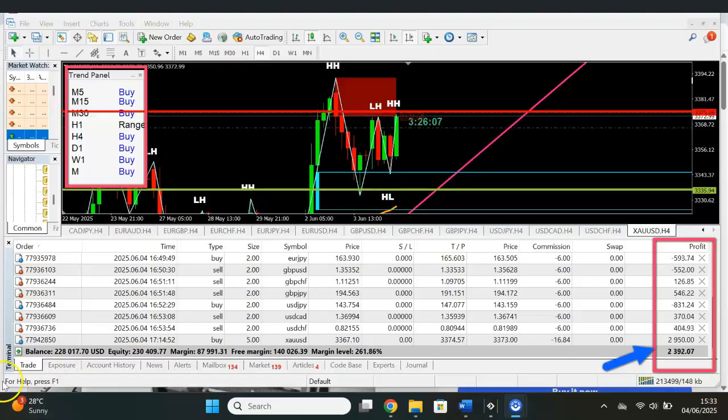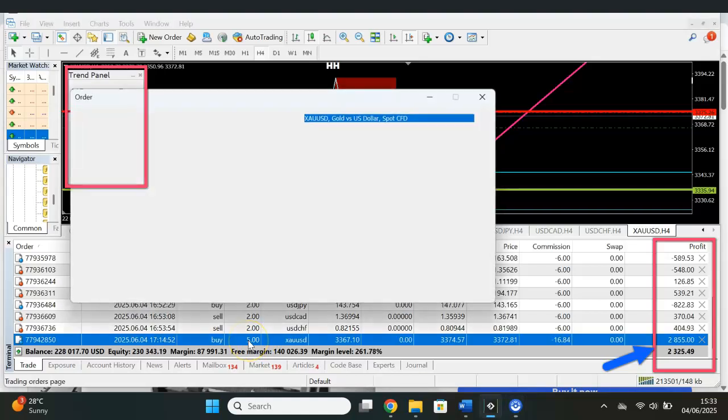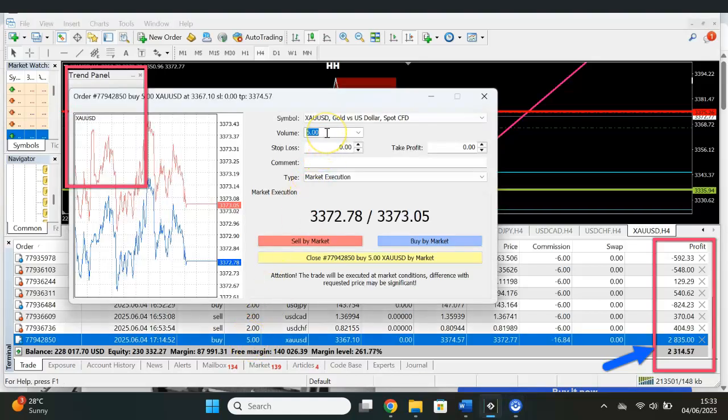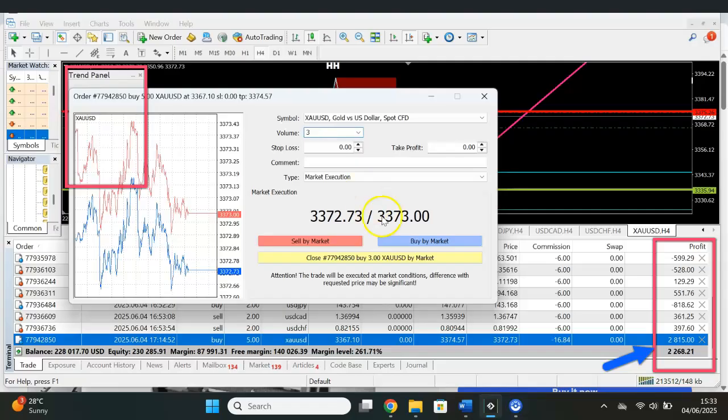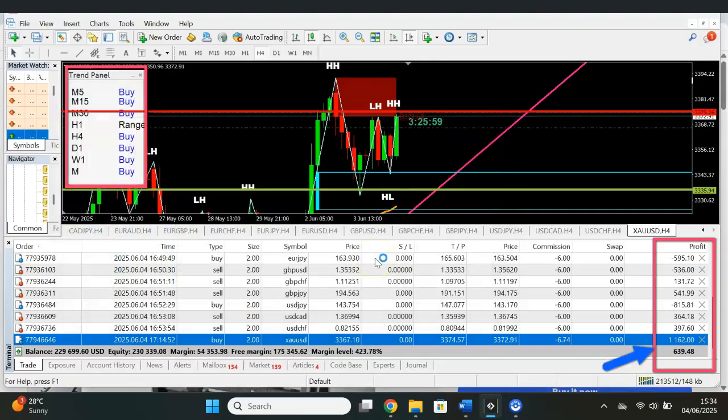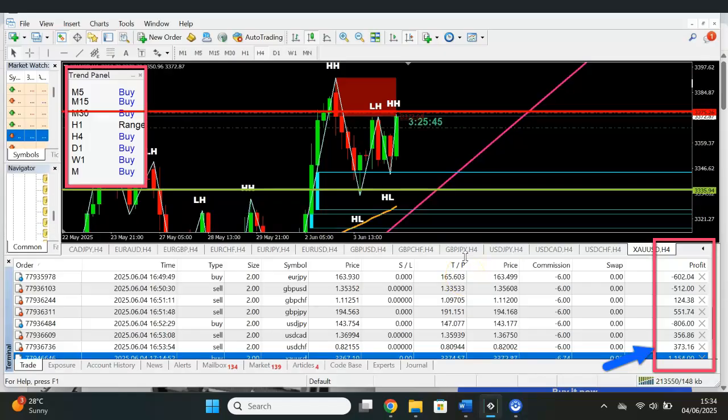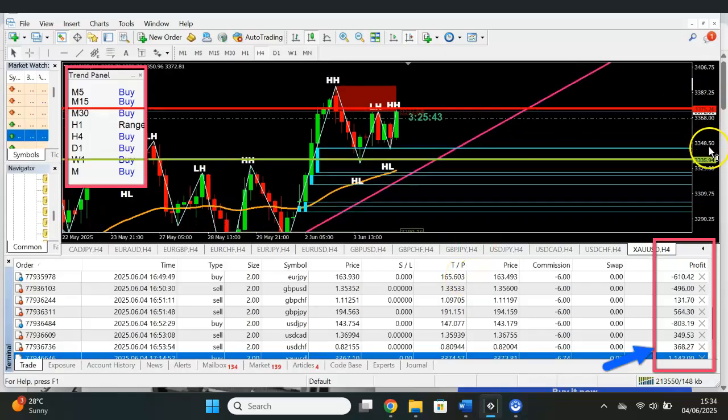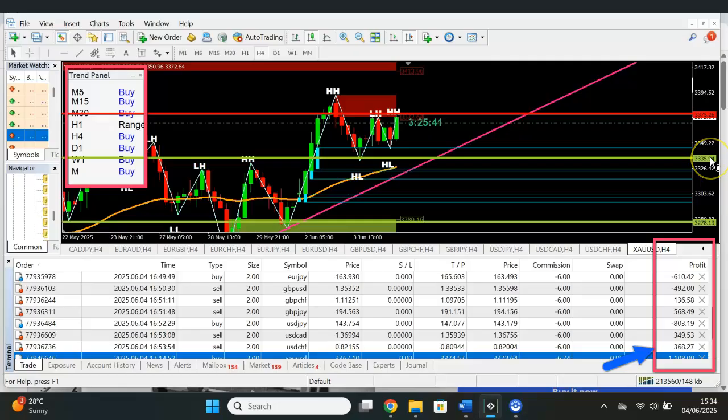But going back to our strategy, we have this trend panel. We also have the higher high and the higher low, lower high, lower low indicators on the screen. So again, we have our trend panel indicator, which is an in-house indicator we've made for trades. We also have the higher high and higher low indicators as well with a break of candle. Now, you won't find this particular indicator anywhere else. These are made in-house for ourselves, and this is how we are able to make profits on the actual charts.